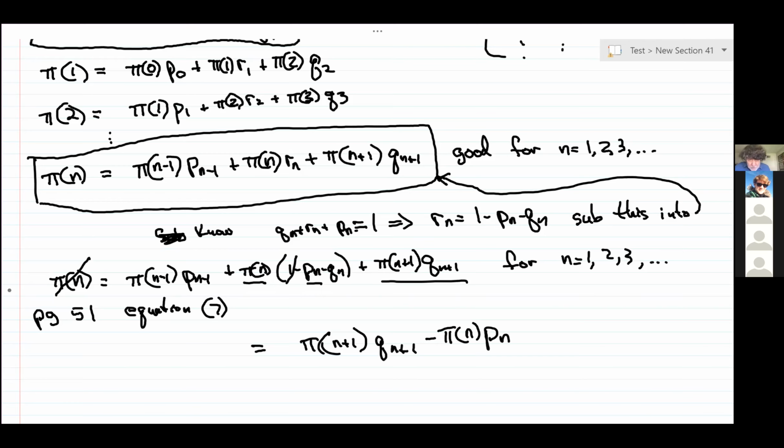Throw everything else on the left side. So that would be this thing times the minus Qn. When I bring it to the other side, it becomes a positive Qn.